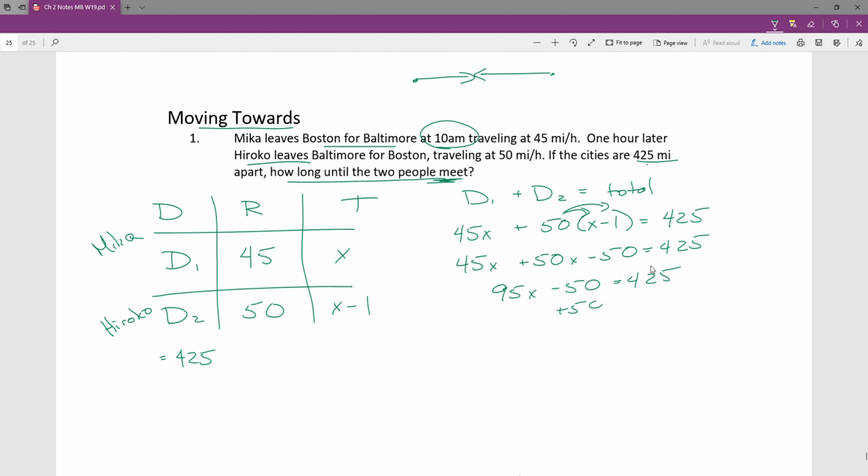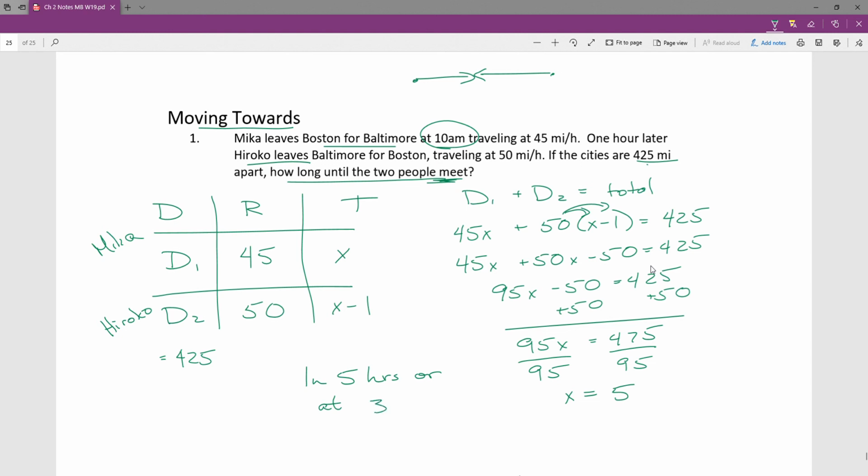We're going to add 50 to both sides. Divide both sides by 95. And I get that x equals 5. So that tells me in 5 hours, or at, what is that, 3 p.m.